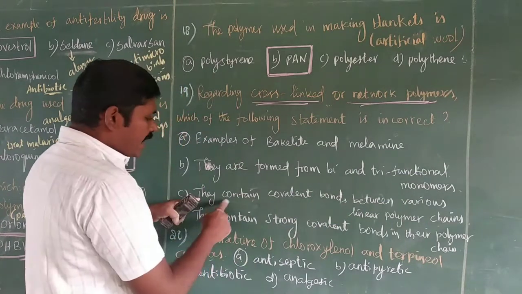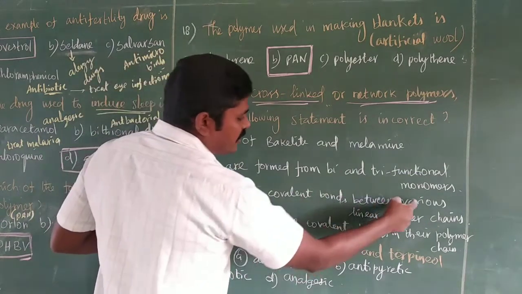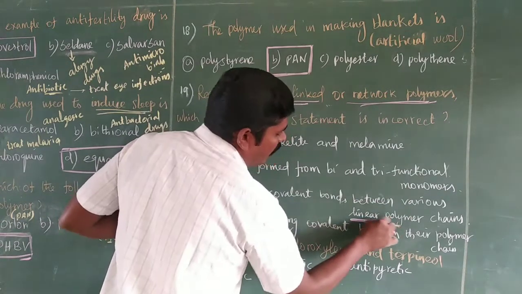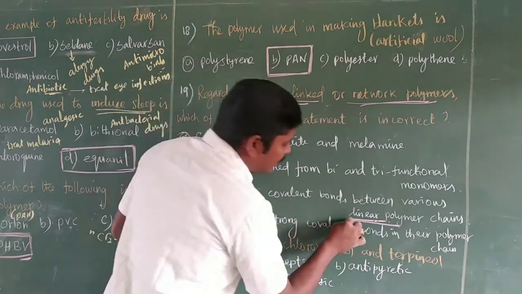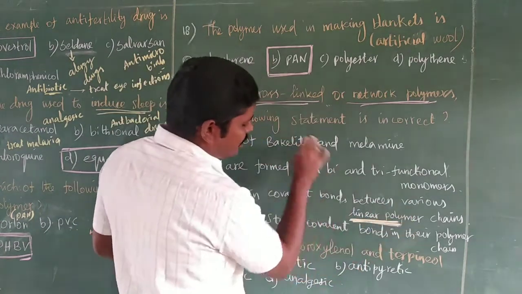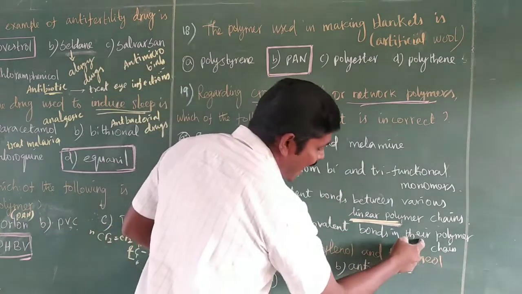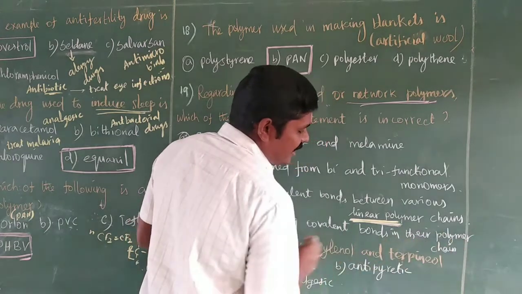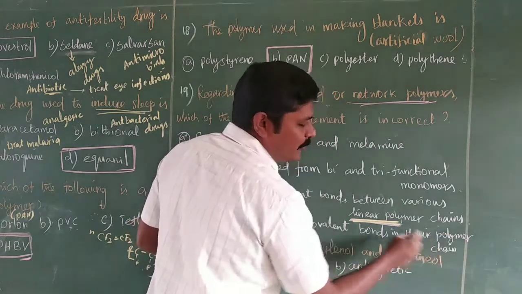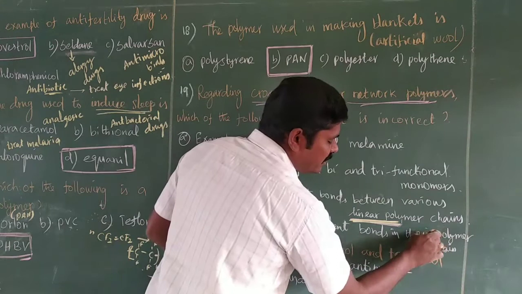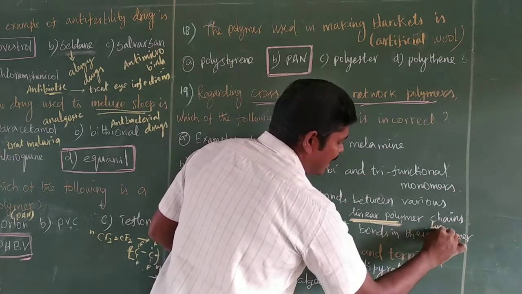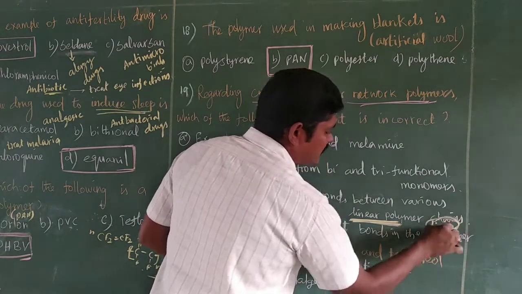Correct. They contain covalent bonds between various linear polymers. Is that correct? Okay. They contain strong covalent bonds in the polymer chain. It should be a linear polymer chain. The word linear is missing.